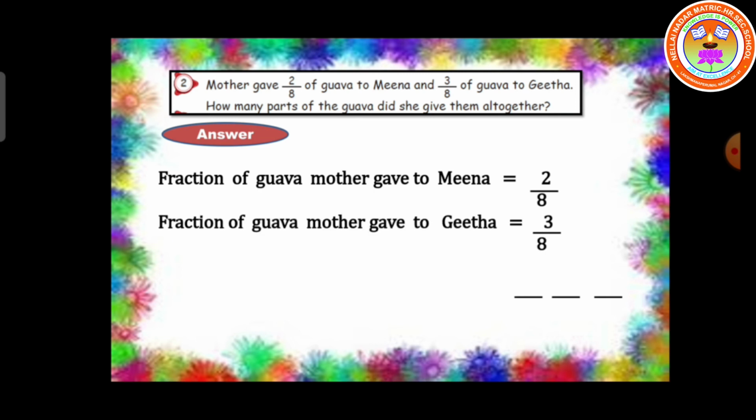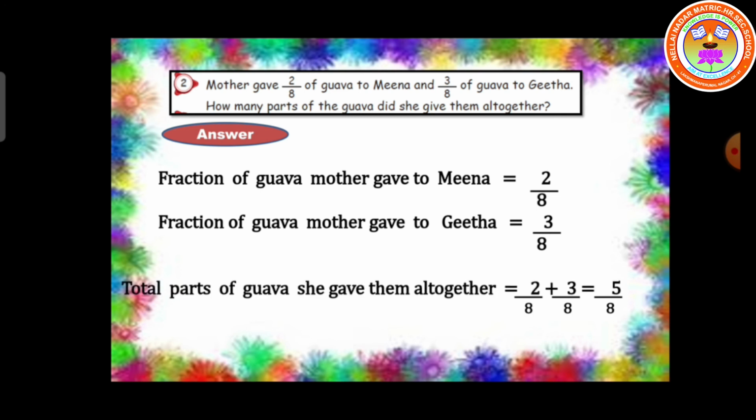Fraction of guava mother gave to Geeta is equal to 3 by 8. Total parts of guava she gave them all together. So all together means we have to add both the fractions. So 2 by 8 plus 3 by 8 is equal to 5 by 8. Is it clear, students? Just go through this problem.